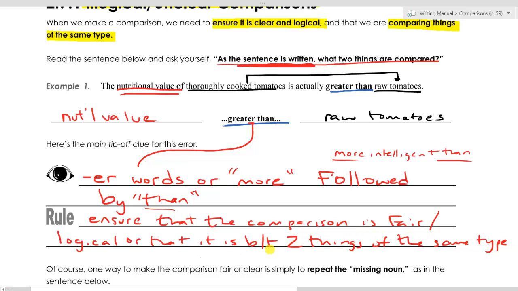That's what you need to do. When you see an ER word or more followed by than, just look at the two things that are being compared and make sure those two things are of the same type. If they are, you've got a perfectly fine comparison. If they're not, you've got an illogical comparison.